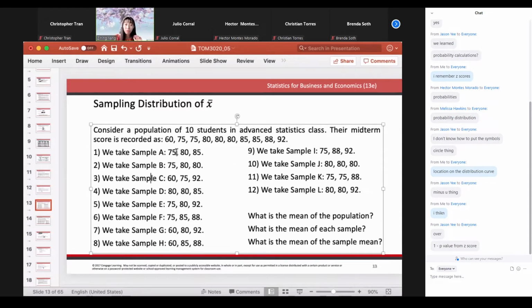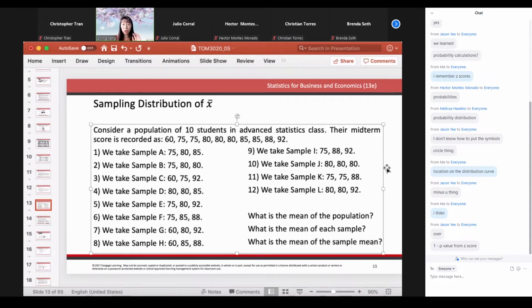Sample A is 75, 80, 85. Sample B is different: 75, 80, and 80. Sample C is also different: 60, 75, and 92. So on and so forth. Here we have 12 different samples.